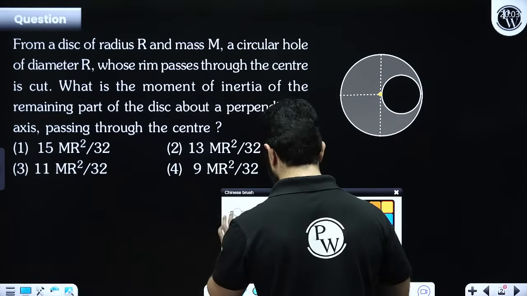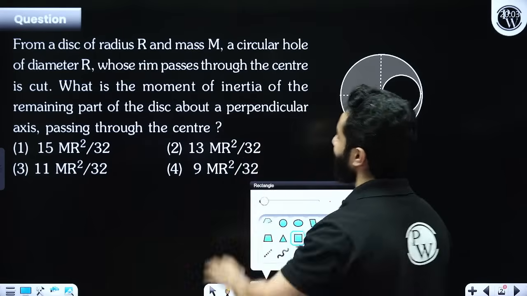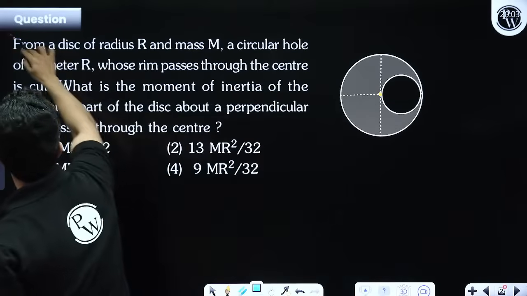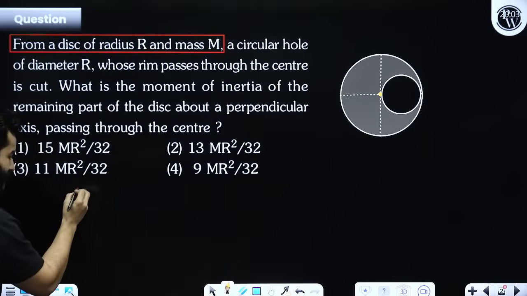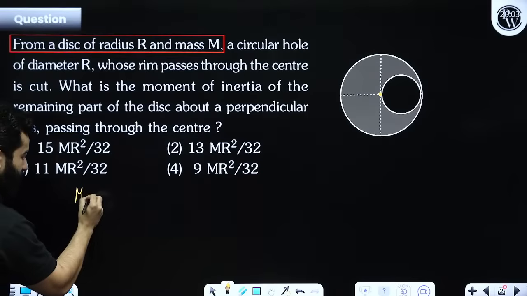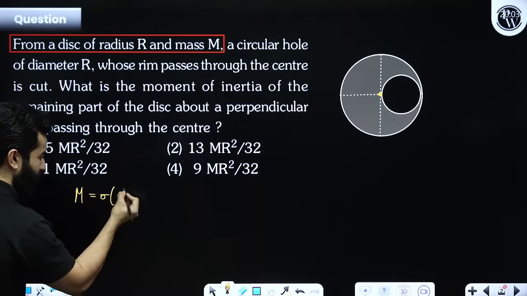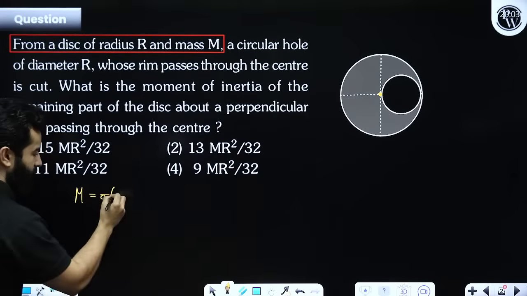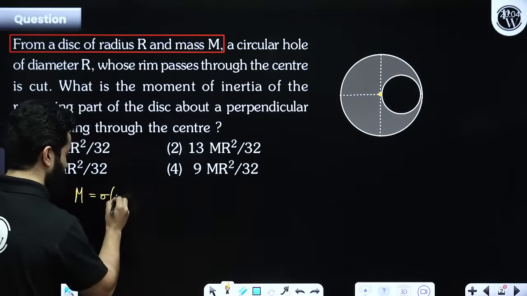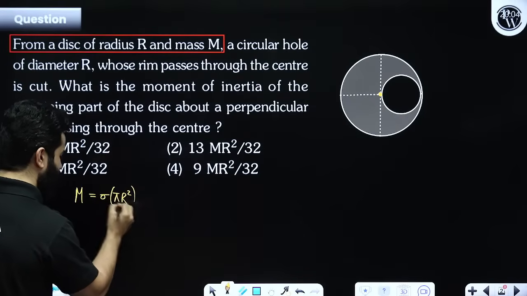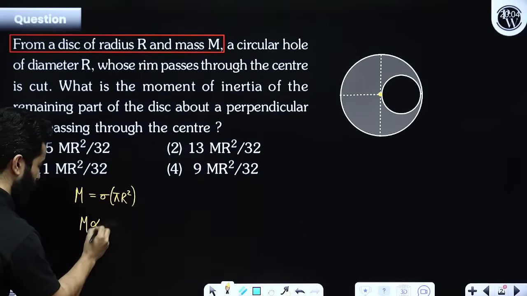First of all, let's start by saying that the complete disk has radius R and mass M, right? Please know that any mass can be written as sigma multiplied by area, and the area of a disk is pi r square. So mass is directly proportional to r square.